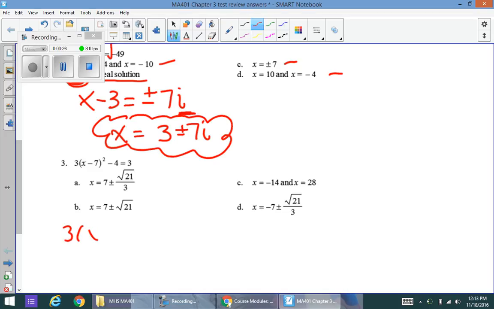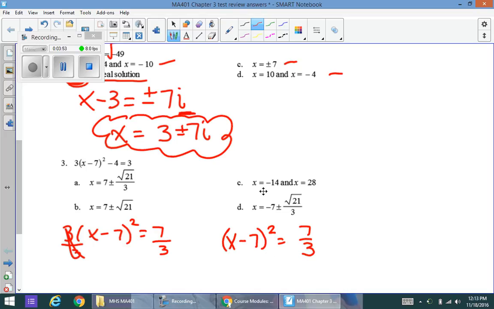So I get 3 times the quantity of x minus 7 squared equals 7. And I'm going to divide by 3 to get the 3 canceled. And so I get x minus 7 here squared equals 7/3.